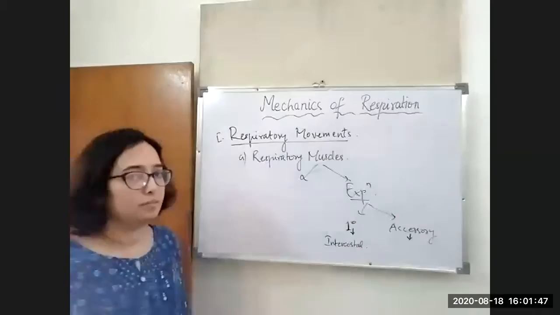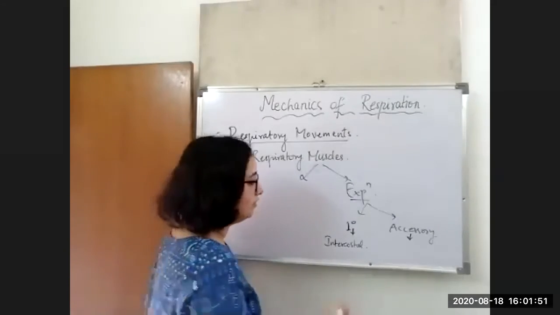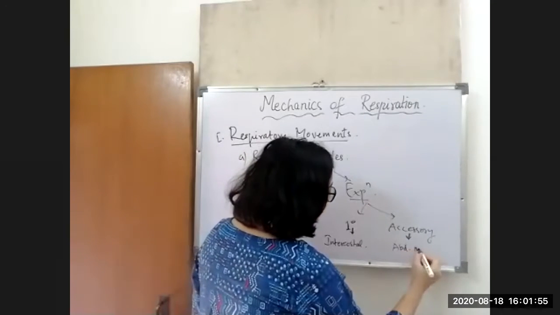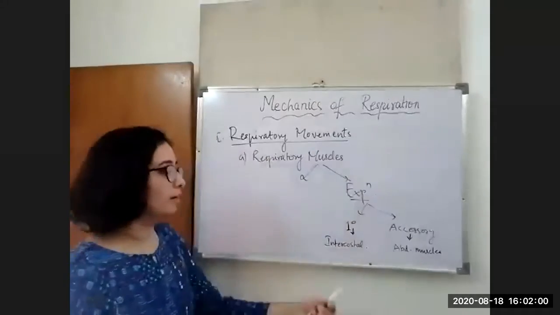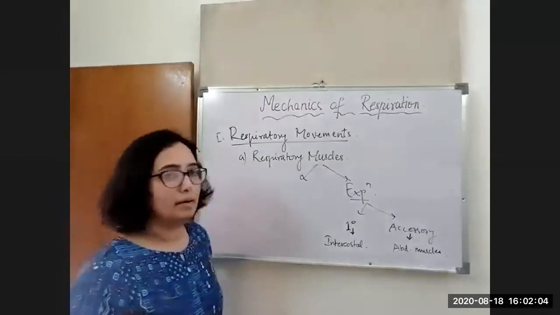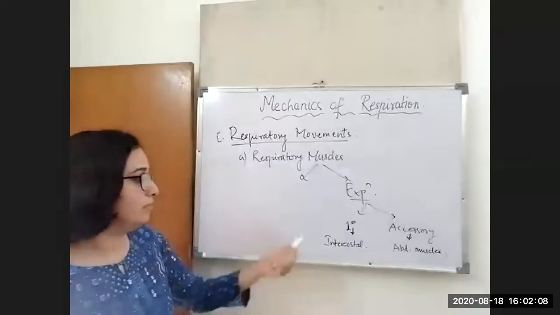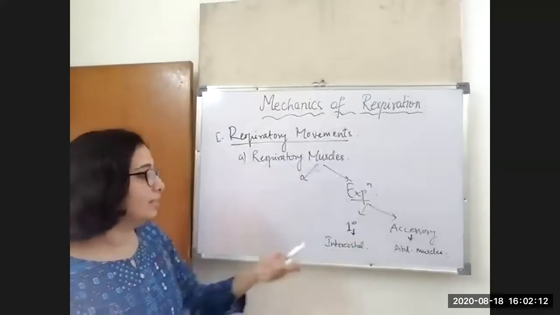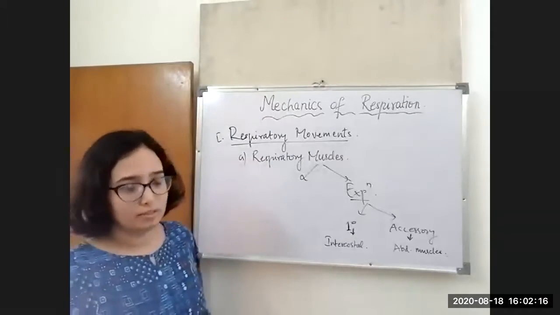Okay, the intercostal muscles. These are also supplied by the intercostal nerves, and the accessory muscles are the abdominal muscles, like rectus abdominis. Okay, so expiratory muscles are of two types, primary and accessory. Primary are intercostal, and accessory are your abdominal muscles like rectus abdominis.